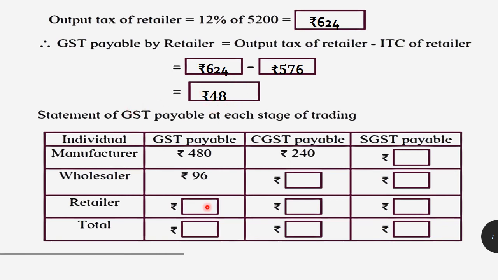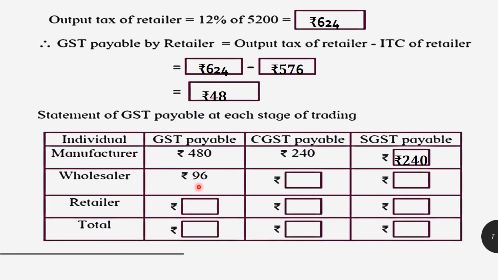Now we can fill in these boxes to find what is central GST and what is state GST for different stages of the transaction. So the first thing, when GST payable is 480, 240 goes to central as central GST, and again 240 will be the state GST, that is for the manufacturer.